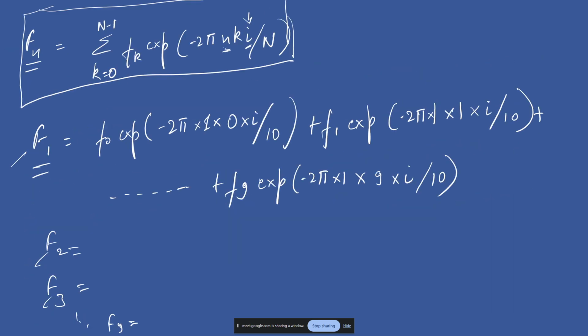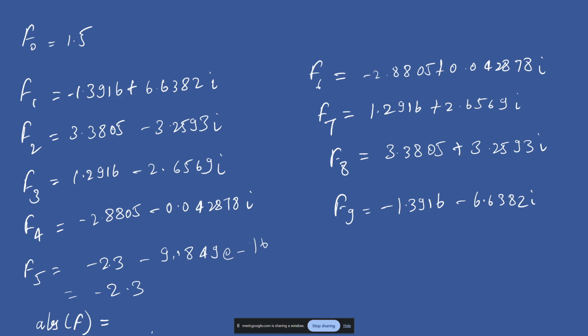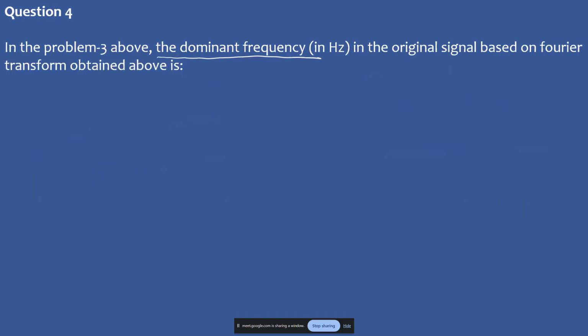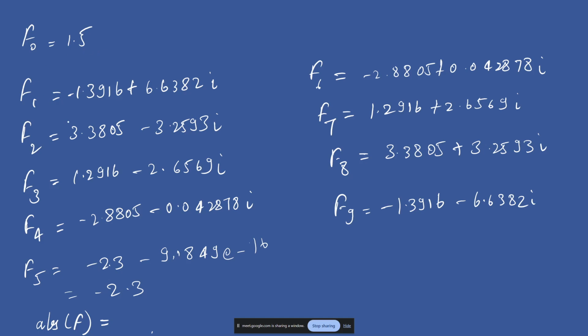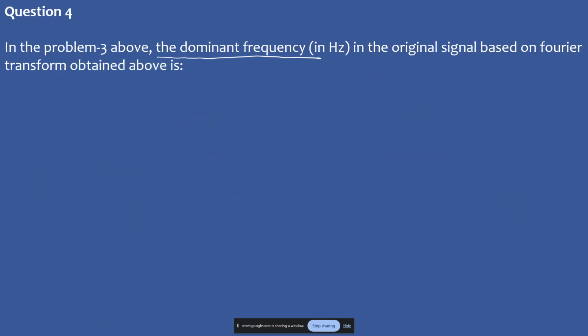Whatever Fourier transformation you have performed, you need to obtain the most dominant frequency from that data. Once you get the absolute values of all these imaginary numbers, accordingly you will obtain the dominant frequency.